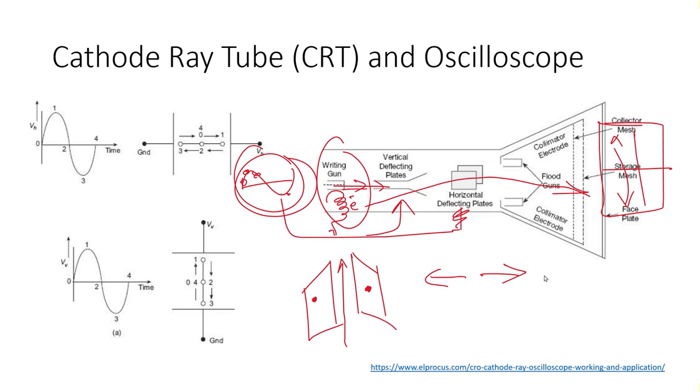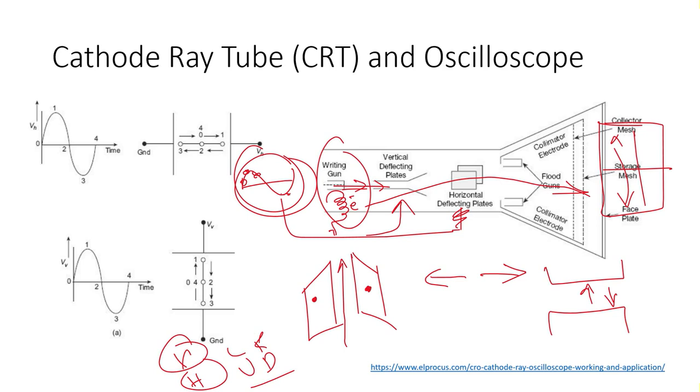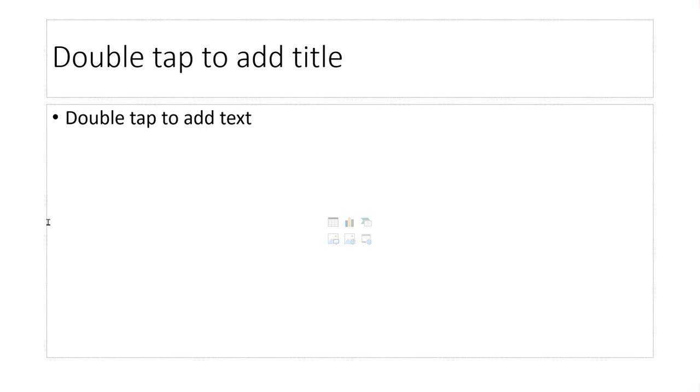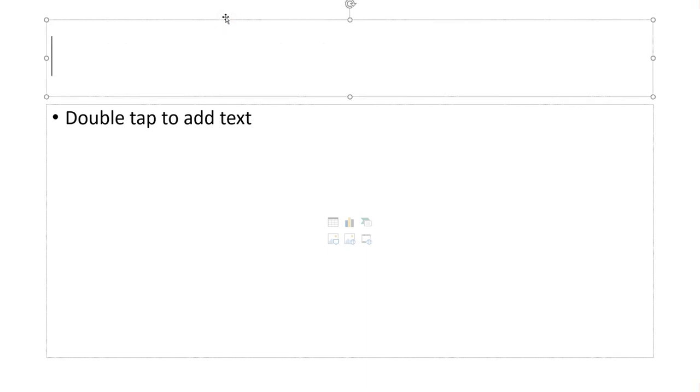The horizontal plates, which are something like this, will move the electron up and down. So vertical will move electrons left and right, and horizontal will move these electrons up and down. Remember these two phenomena.